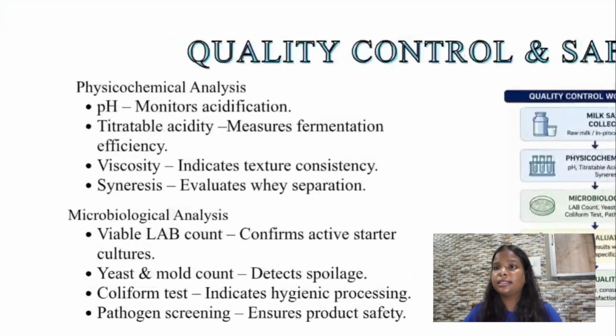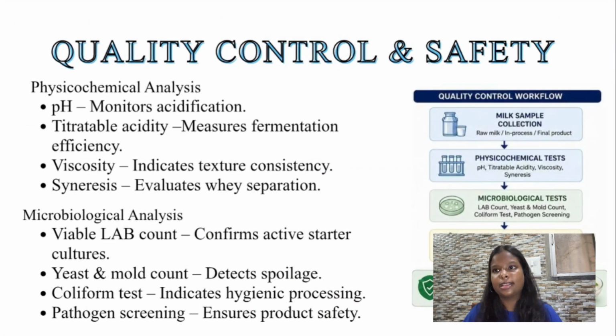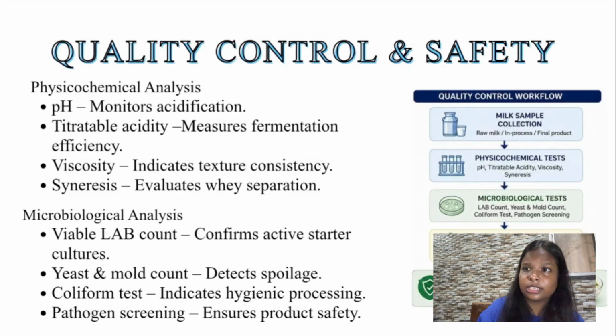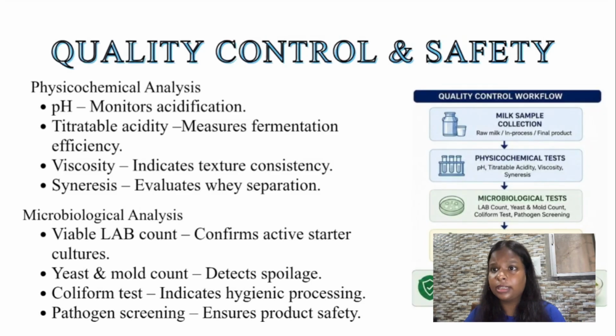Quality control and safety. Quality control is essential throughout yogurt production. Physicochemical tests such as pH, titratable acidity, viscosity, and syneresis help evaluate fermentation efficiency and product consistency. Microbiological analysis includes counting viable lactic acid bacteria, testing for yeast and mold, detecting coliform bacteria, and screening for pathogens to ensure product safety.